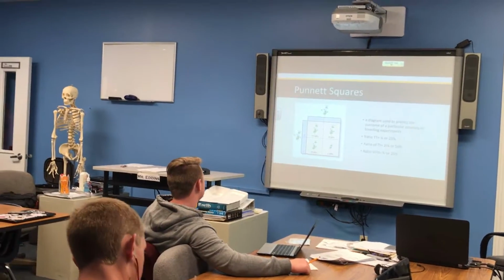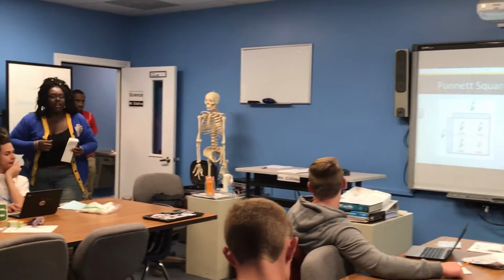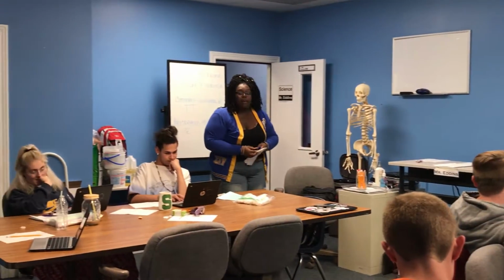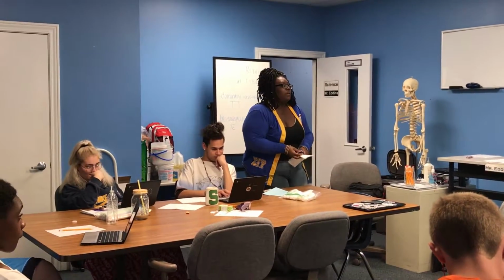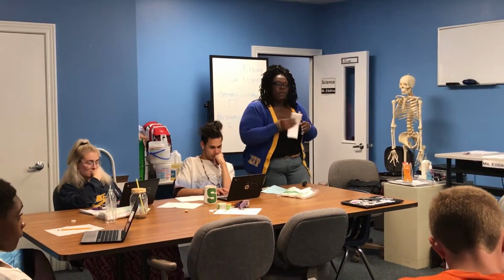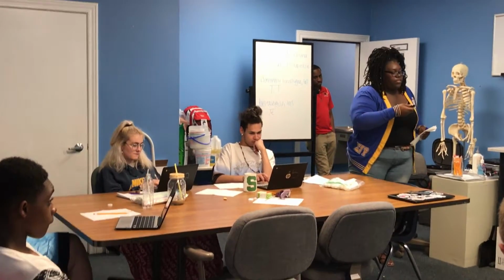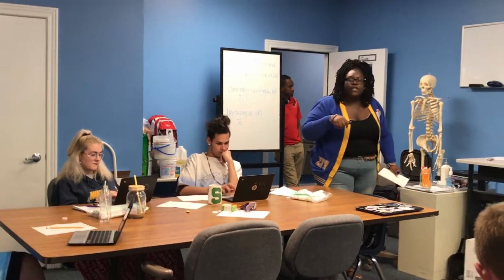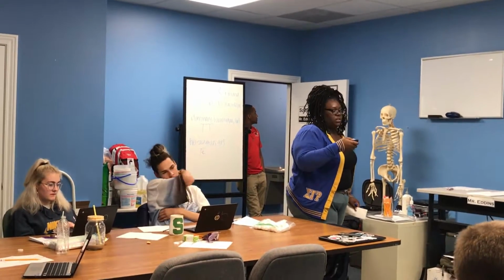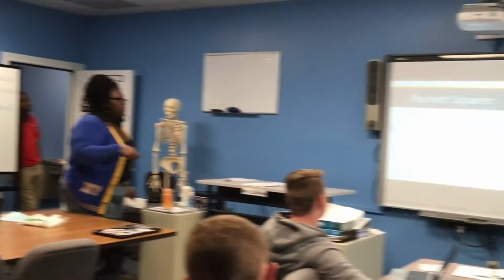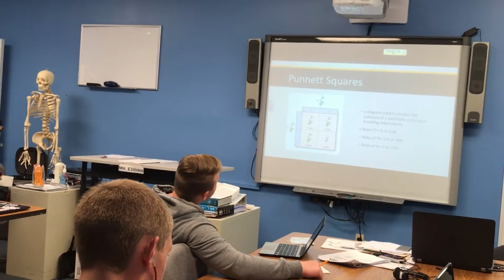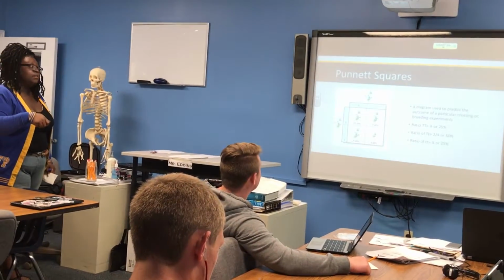Okay, so next we're going to talk about Punnett squares. These are a diagram that is used to help predict the outcomes of a particular cross, and within these you're able to find the ratio for each trait. So in this box here, this would be a tall plant because it's two capital Ts.